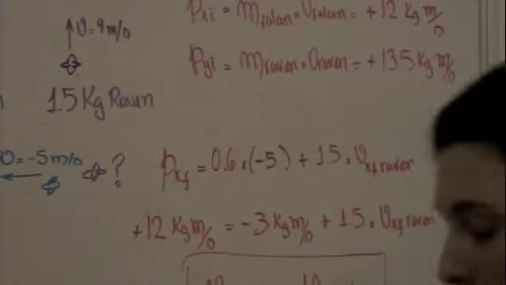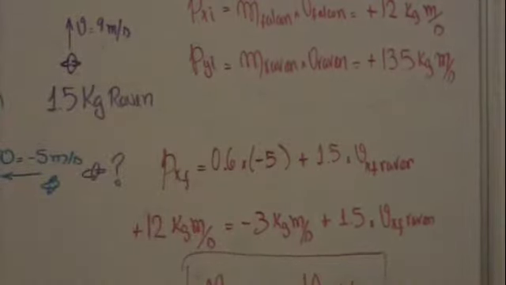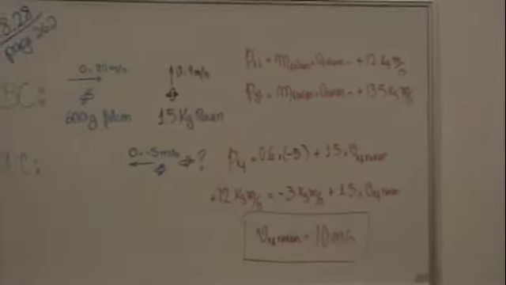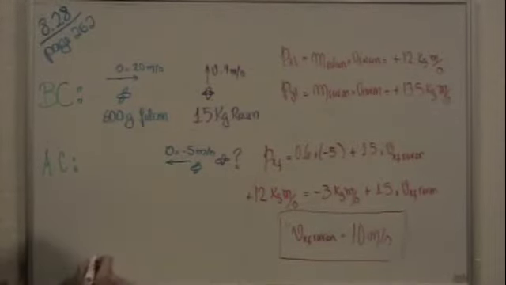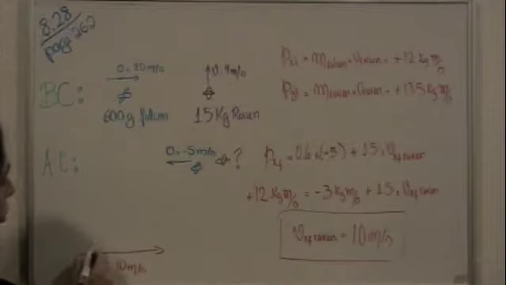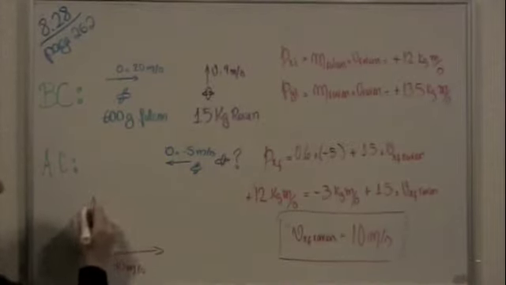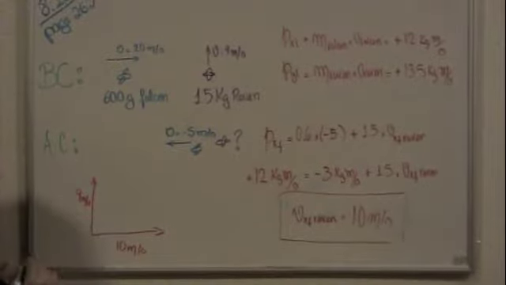I hope that's clear. So then what we want to know is what is the final magnitude and direction of that velocity. So I'm going to draw here that the raven is going at 10 meters per second to the right and continues to go at 9 meters per second up. Alright?